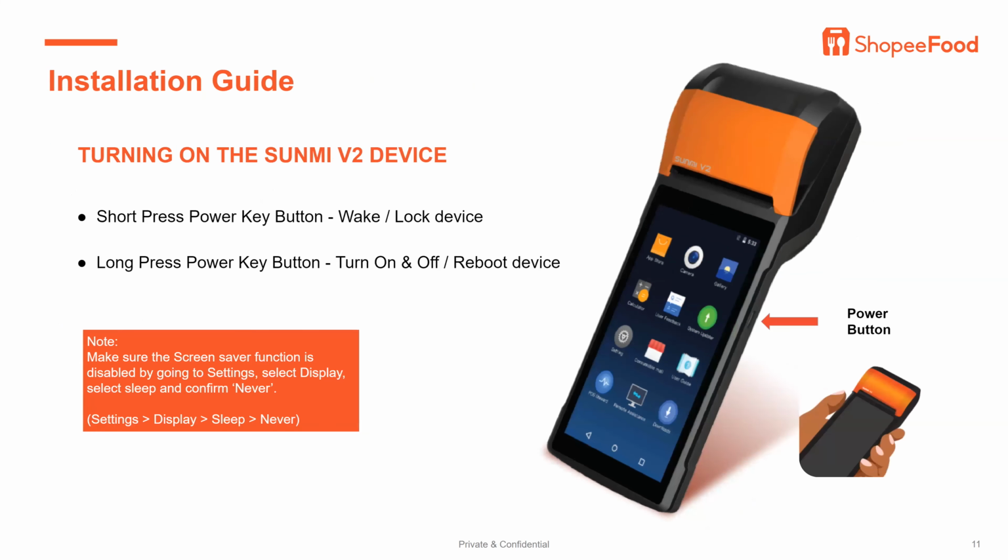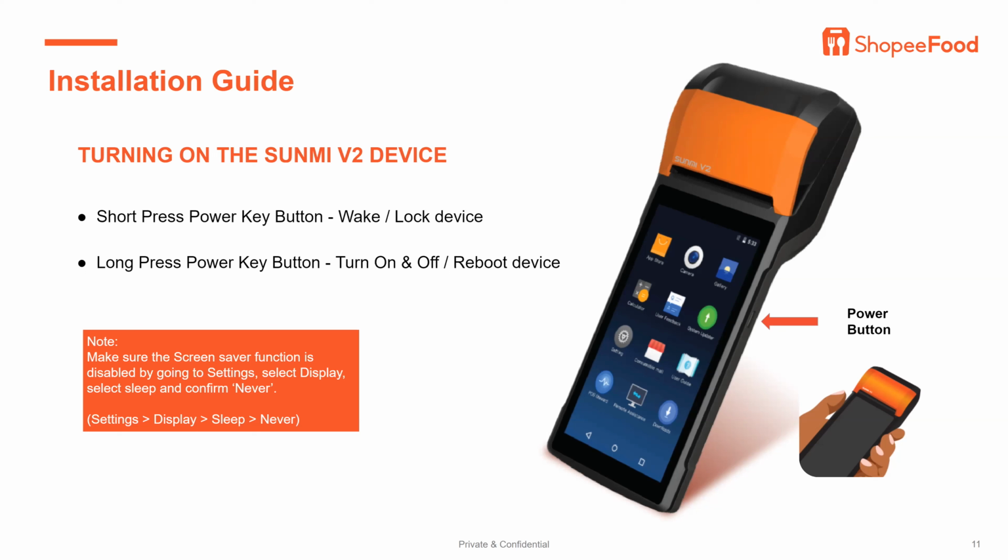So in order to start or turn on the ShopeeFood device for first-time users, you need to install a SIM card into the slot at the back of the device. But don't worry, usually our team will do the installation before handing over the device to merchants. Secondly, long press the power key button on the left of the device, then the device will switch on.